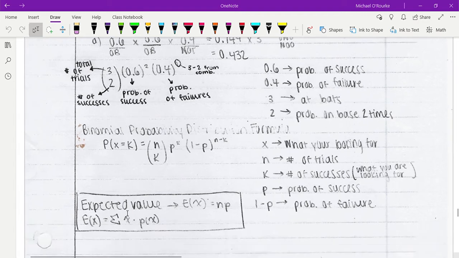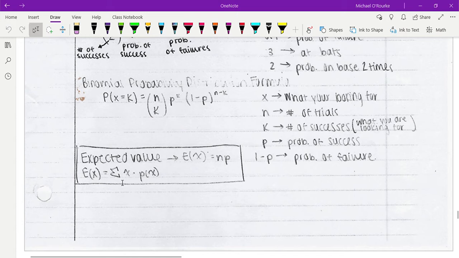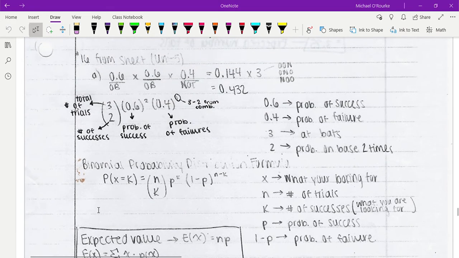So we're working with this formula here. Actually, not this formula, this formula here. Binomial probability: the probability of n equals k. So n is the total number of trials, and k is the number of successes.